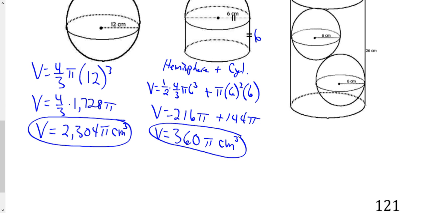So basically it's going to be cylinder minus 2 spheres. You don't have to do minus 1 sphere minus the other because they're the same, right? So minus 2 times whatever.